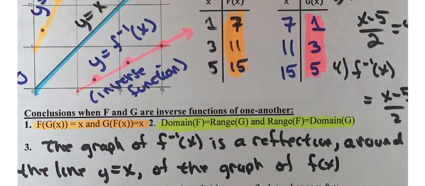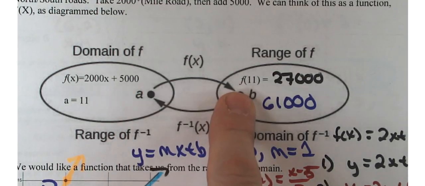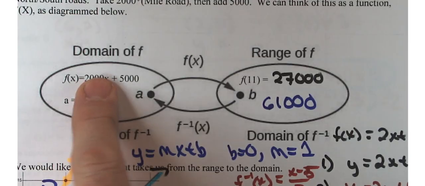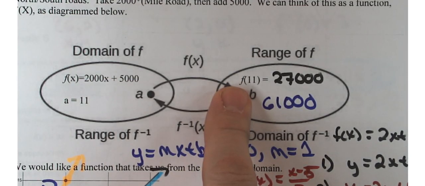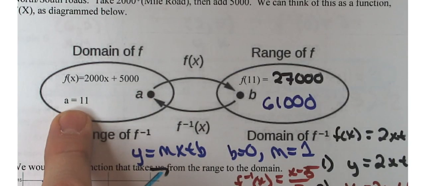Before I look at that in detail, let's take a look at this. What if I did a function and then immediately followed up with its inverse? So I did f of x, which gave me 27,000, and then I did f inverse, and I come back to here. And I end up kind of where you started, right?